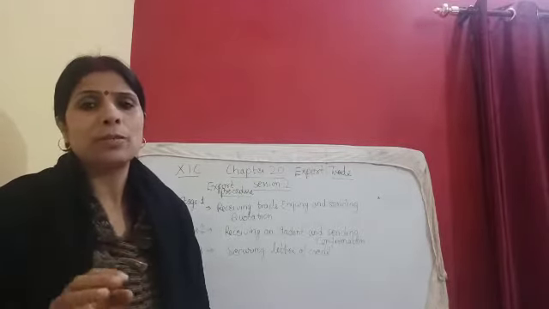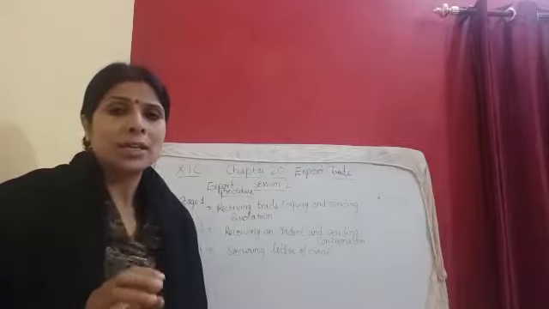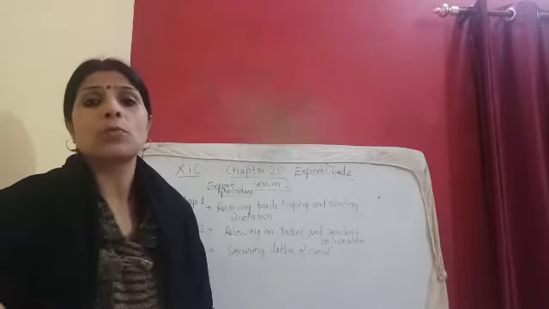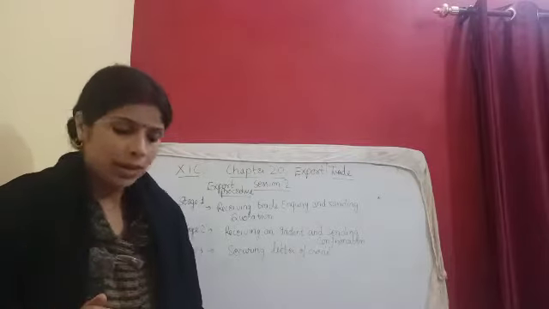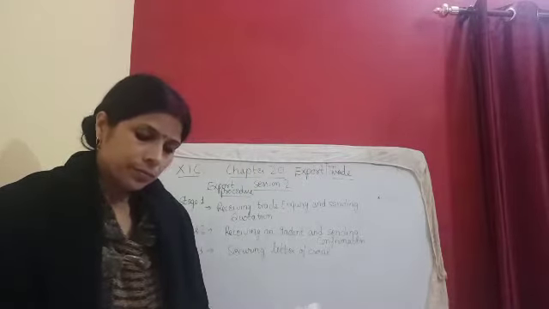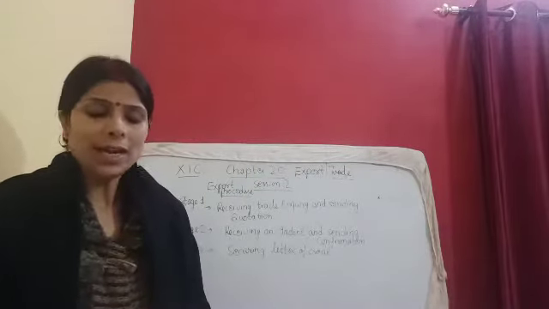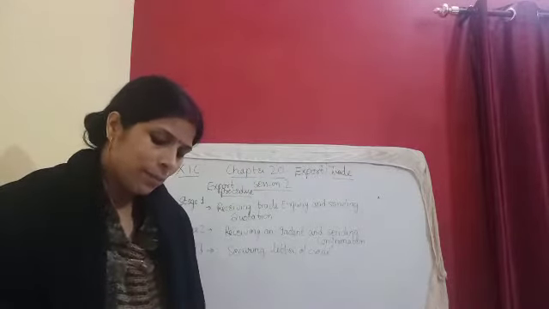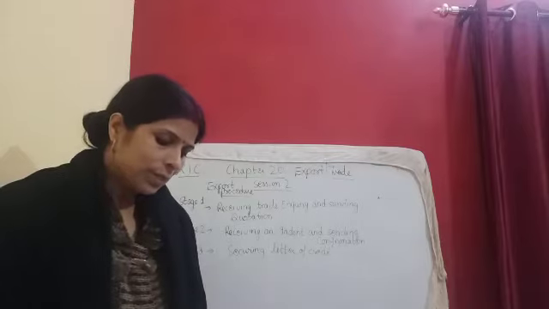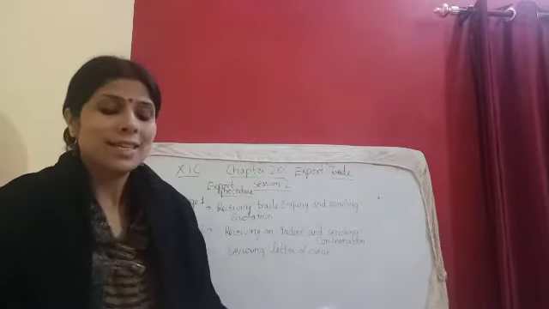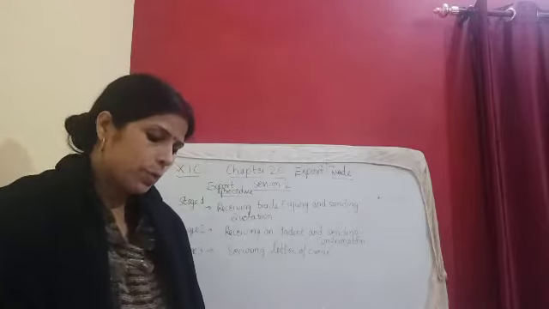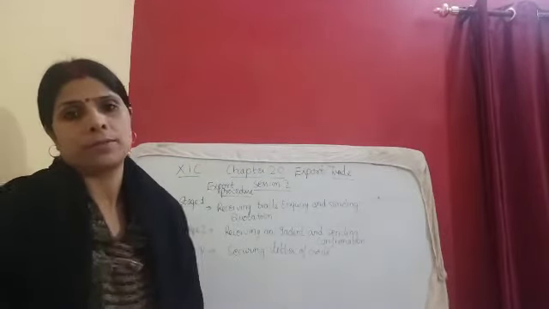Documentary letter of credit means that letter of credit contains certain terms and conditions, and if those terms and conditions are not fulfilled, then the goods will not be delivered. Here you can say that the documents of title to the goods must be sent along with the bills of exchange, without which the bill will not be honored.